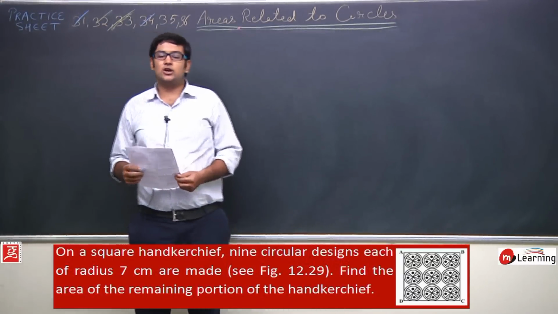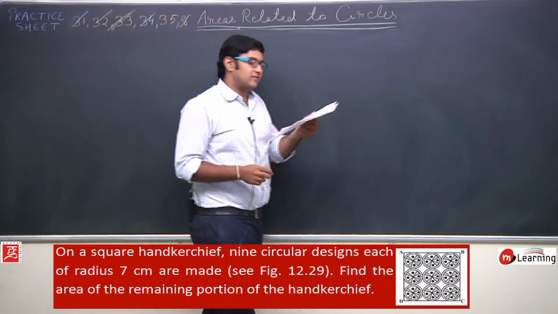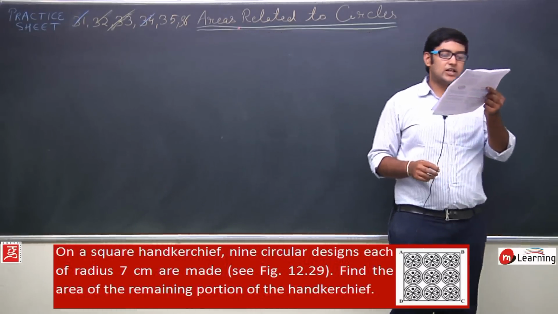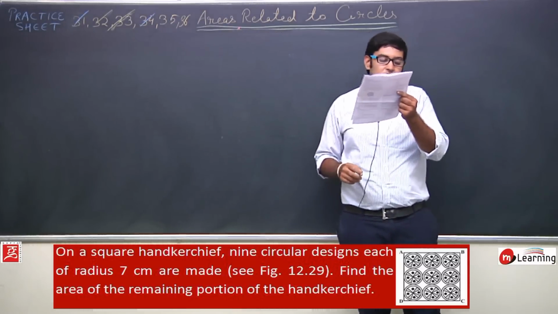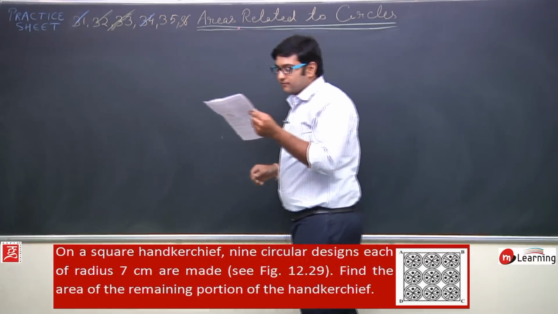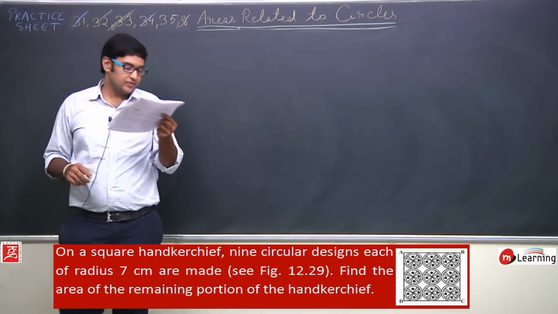Now let us solve the 35th question from the practice sheet. Question number 35 says, on a square handkerchief, 9 circular designs, each of radius 7 centimeters, are made. Find the area of the remaining portion of the handkerchief.